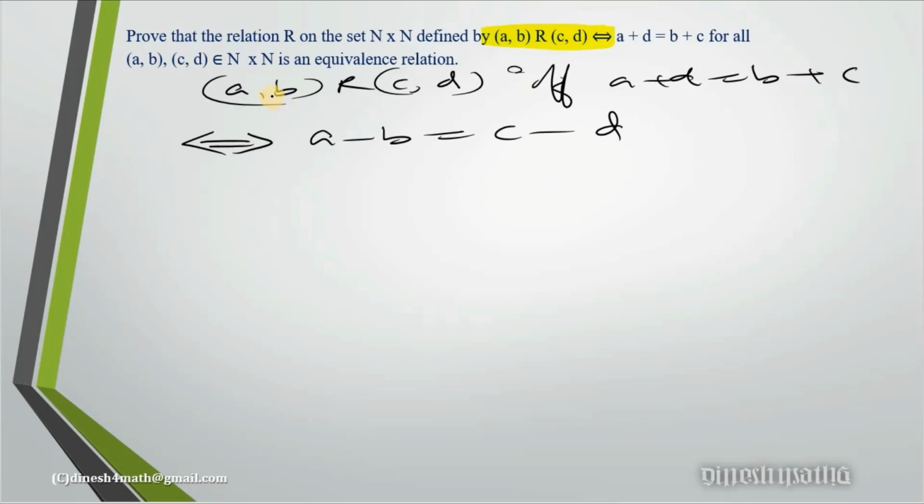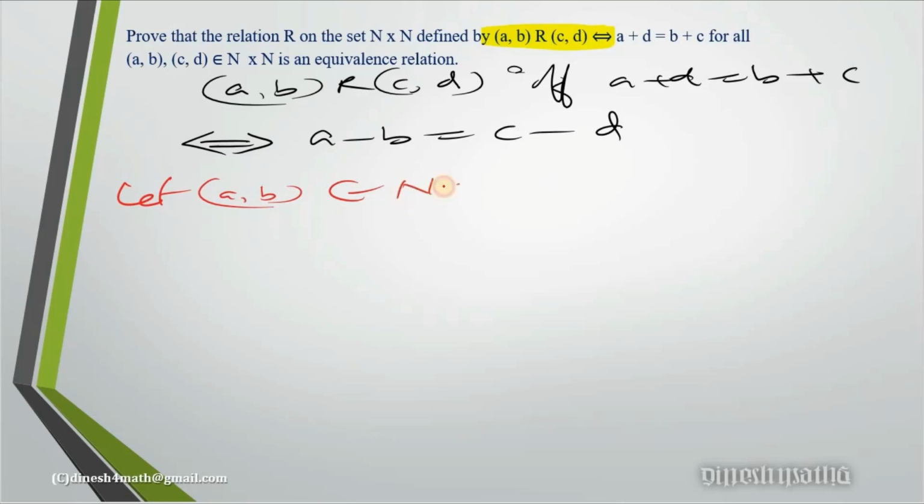Because the elements are (a, b) and (c, d), I am just rearranging the definition in such a way that a, b and c, d are coming. This manipulation will help you in the long run, and it is one of the easiest techniques to make ordered pairs easier. Because otherwise in ordered pair questions generally people make a lot of mistakes. So nothing, I just rearrange it. Now just like other questions we will go. So we need to show an element is related to itself.